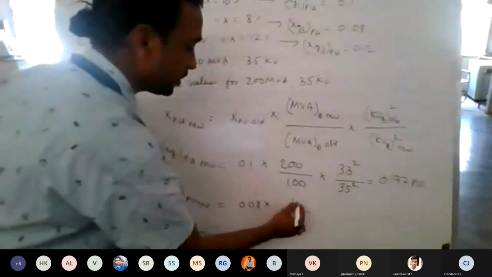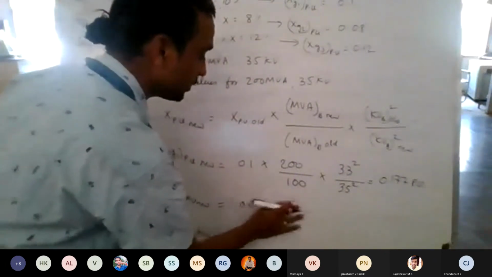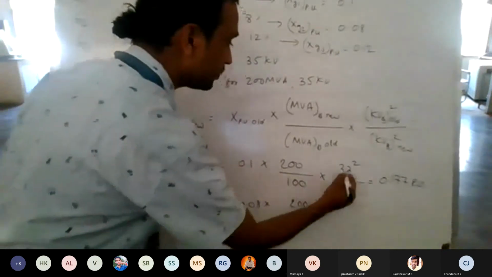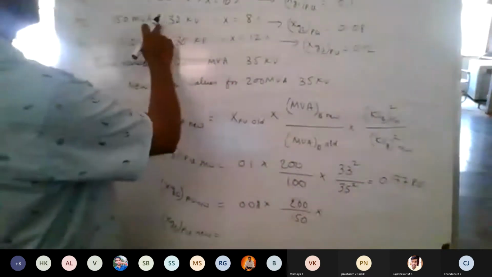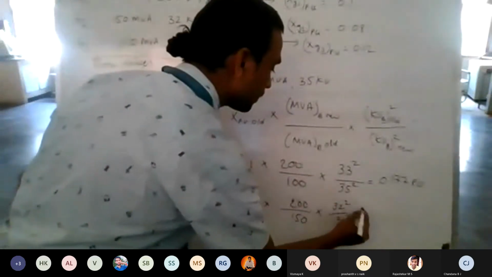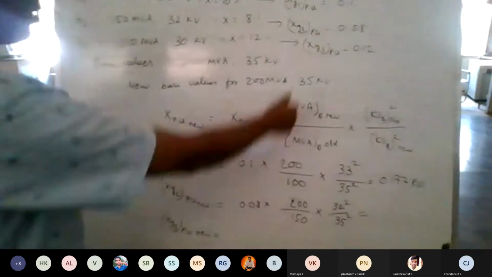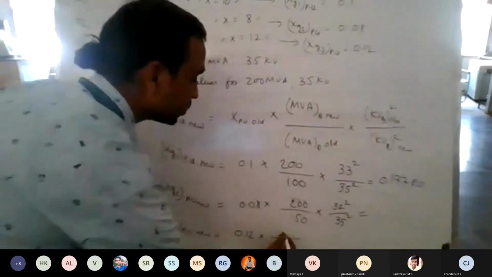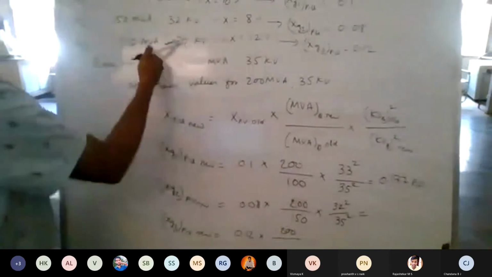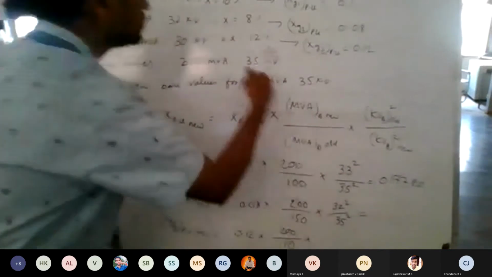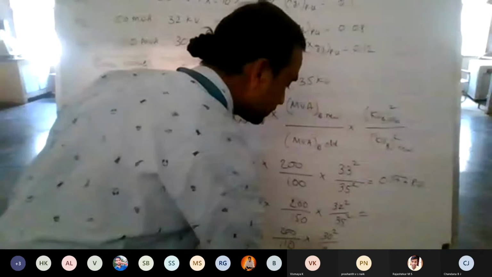the new 200 MVA, sorry, divided by the old 150 MVA, into 32 by 35 squared. Calculate it. Similarly, the third one: 0.12 into 200 divided by 110, into voltage 30 kV squared divided by 35 squared.